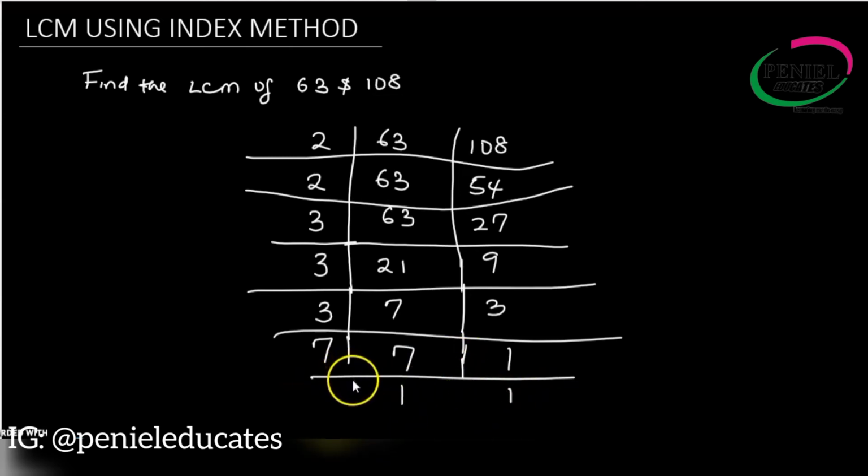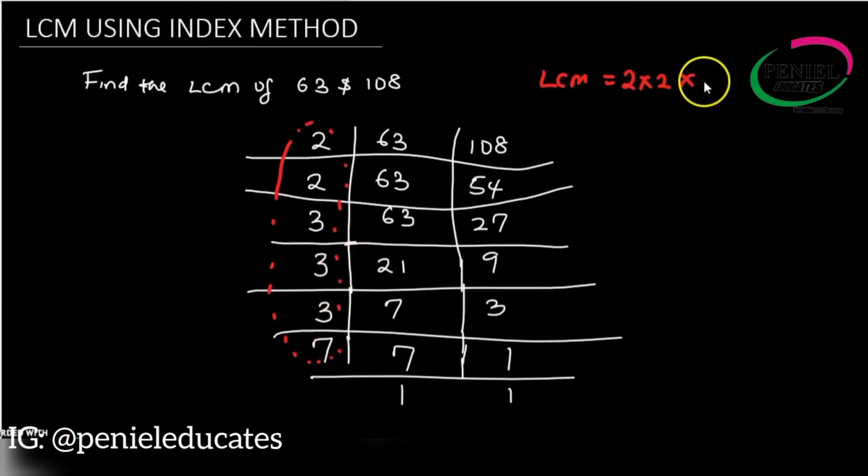Now my LCM is just the numbers on the side. So my LCM will be 2 multiplied by 2 multiplied by 3 times 3 times 3, then multiplied by 7.